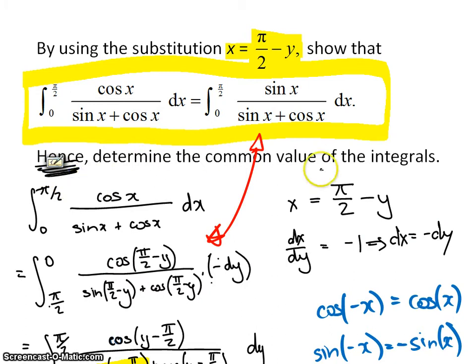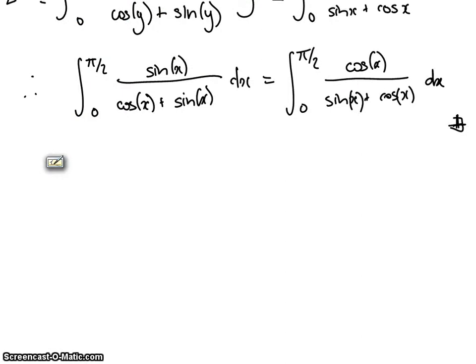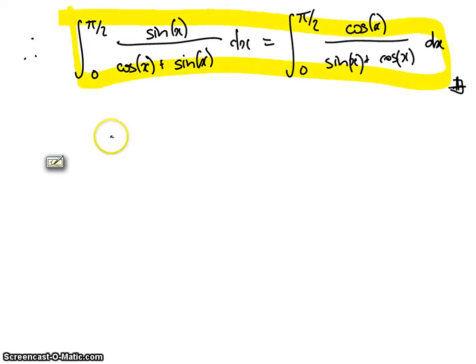Hence, determine the common value of the integral. So how are we going to determine the common value of the integral using this equation? Because it said hence, we're going to have to make use of this equation somehow. Well, maybe the integral itself from 0 to pi upon 2 of cosine x over cosine x plus sine x.